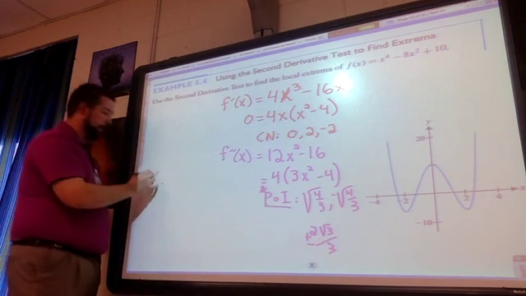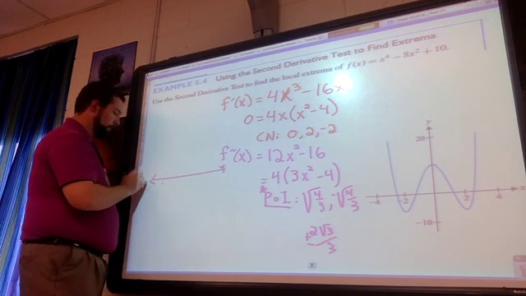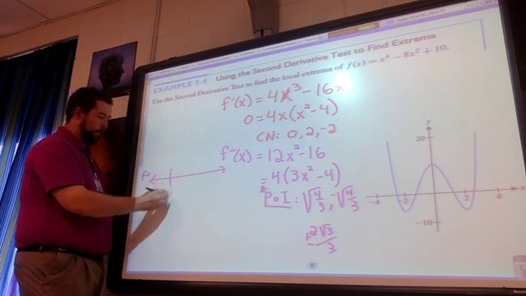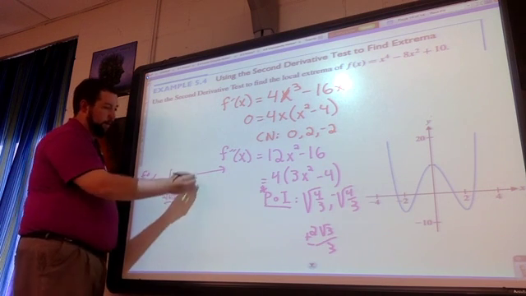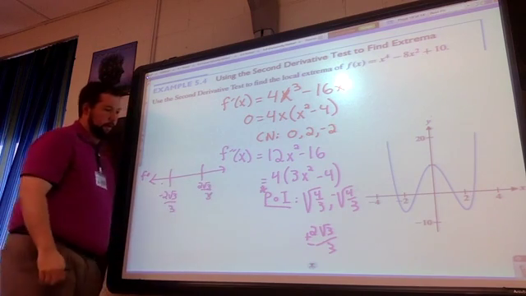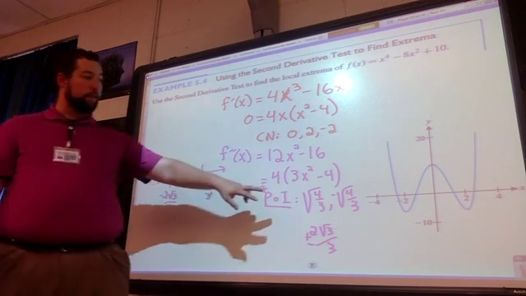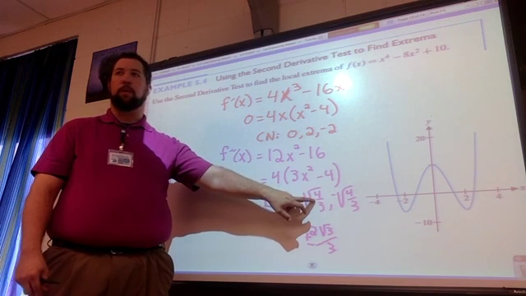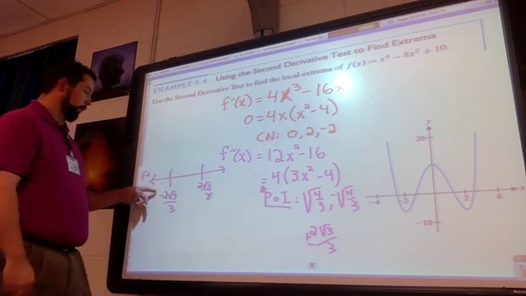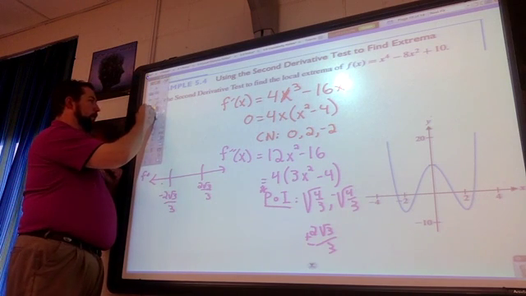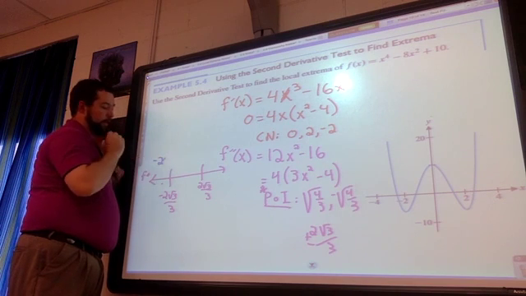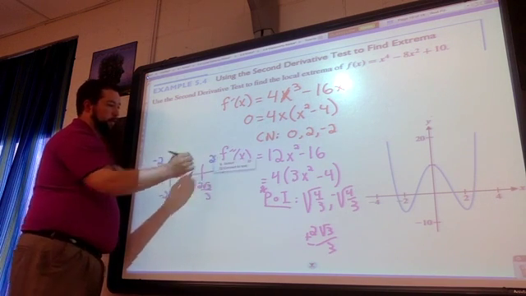So if I do the second derivative test, we have a negative 2 square roots of 3 over 3 and a positive 2 square roots of 3 over 3. Now, 4/3 is a little bit bigger than 1, so the square root of it is still a little bit bigger than 1. So if I do my test values, let's plug in a negative 2 to be safe, a 0, and a 2.